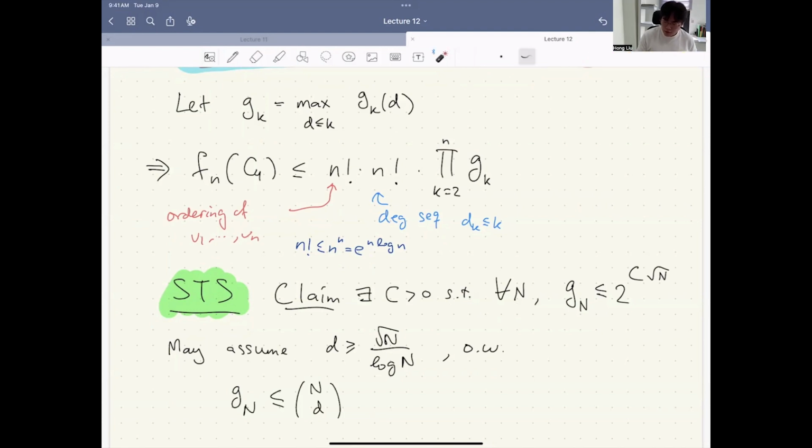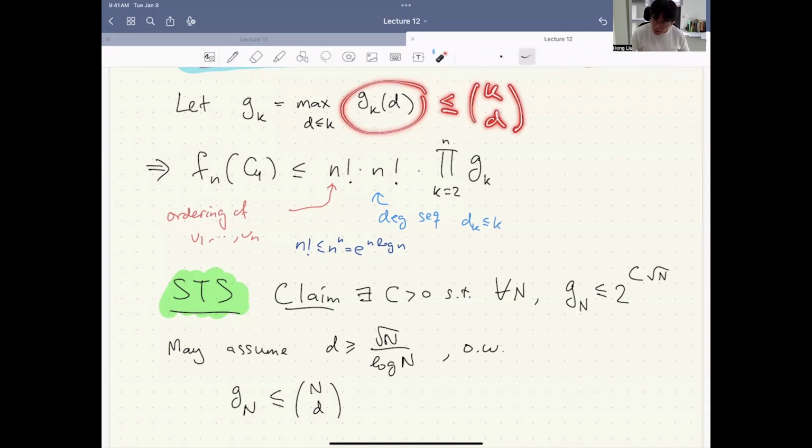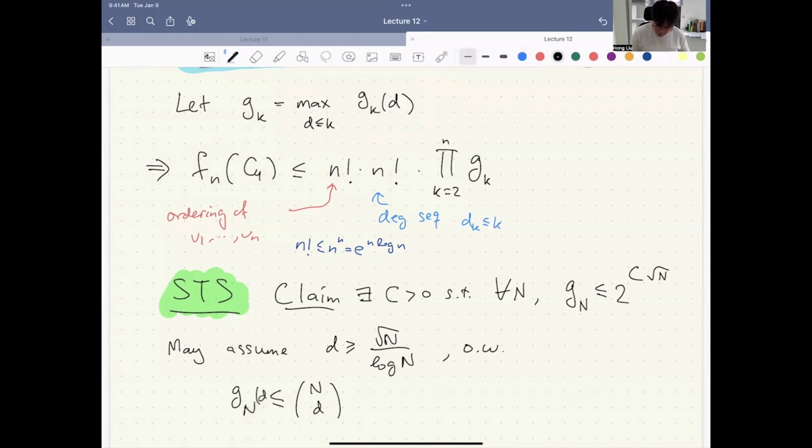G_n is the max over all D of this guy. But remember, this guy is at most k choose D. So it's at most n choose D, which is (en/D)^D.